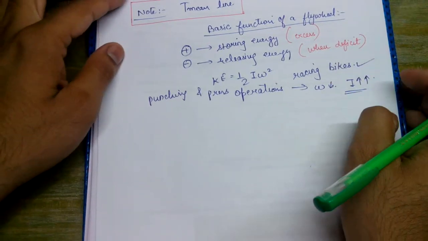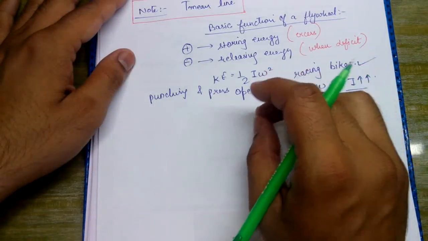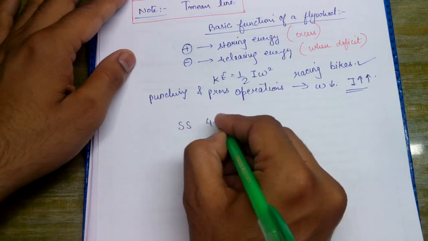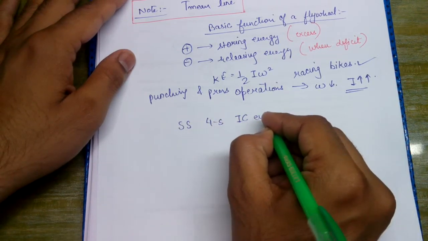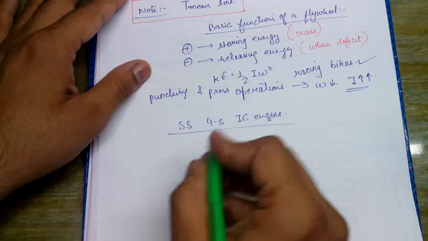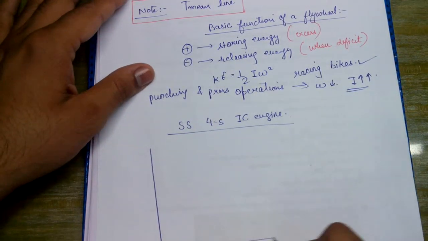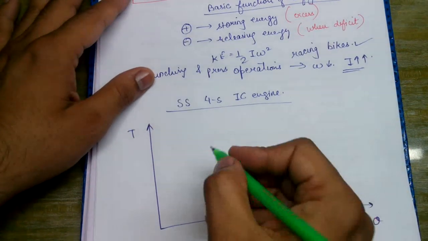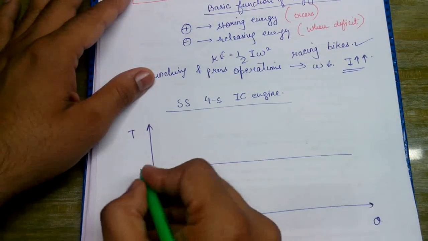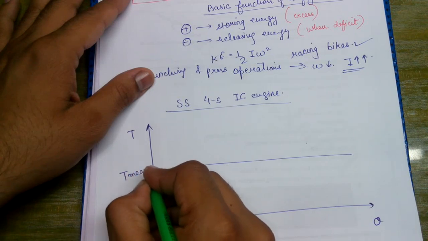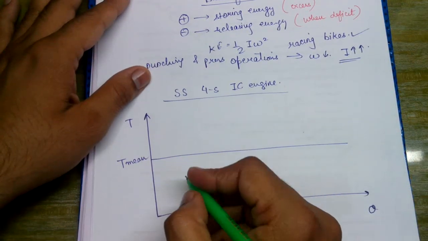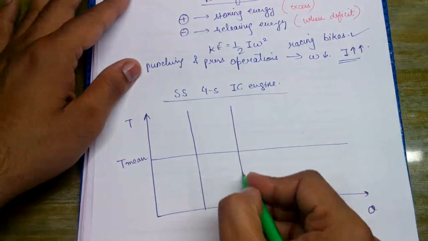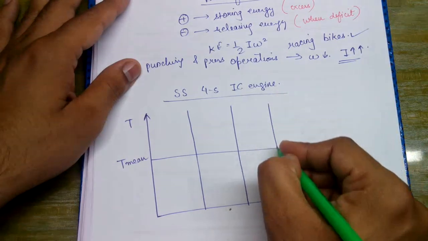Okay, now we will discuss the turning moment diagram for a single cylinder 4 stroke IC engine. Okay, now I will draw the T theta diagram, and this is the T mean line, that is the mean torque or the load torque line, and I will divide this into say 4 equal parts for my convenience.